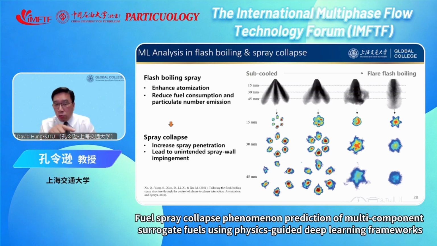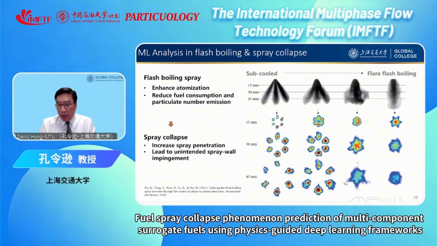So you have subcooled liquid spray or flash boiling spray, and the bottom color pictures are different cross sections at different distances from the injector tip. You can see clearly that for liquid spray, 6 plumes are clearly present at a discrete distance from each other. As you go from liquid to flash boiling, the spray plumes collapse and form a very concentrated spray in the middle.